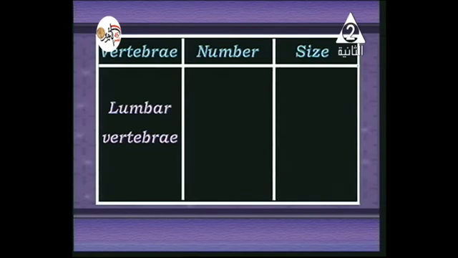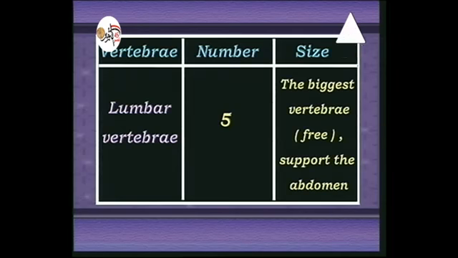The third type that we have is lumbar vertebra. Lumbar means they face the abdomen, the important organs inside your body. There are 5 lumbar vertebrae, and they are the largest, the biggest vertebrae, and they support the abdomen.